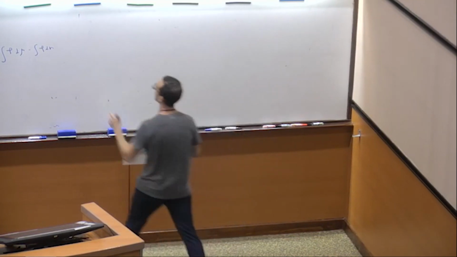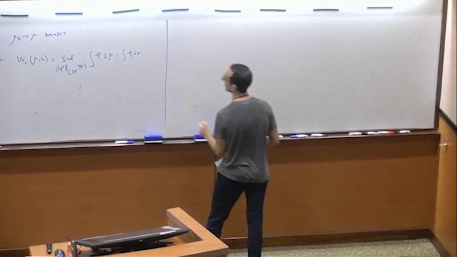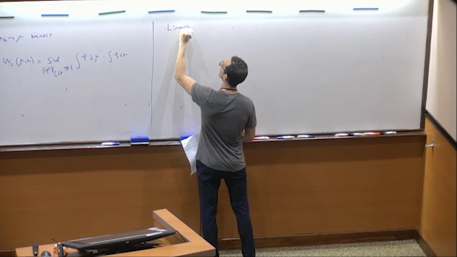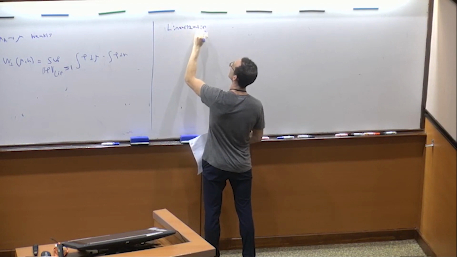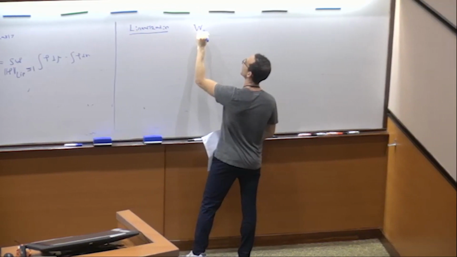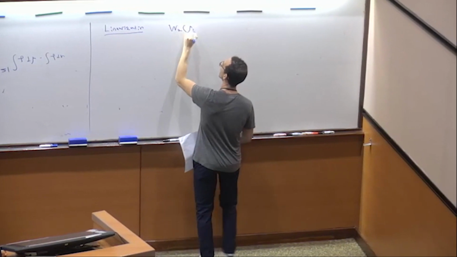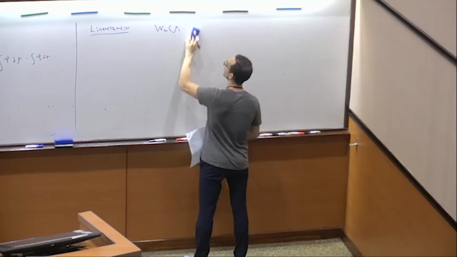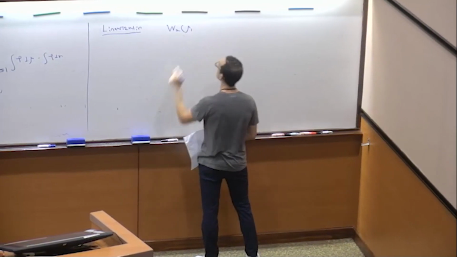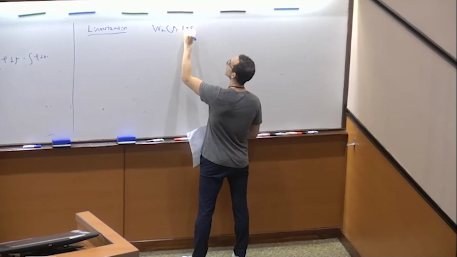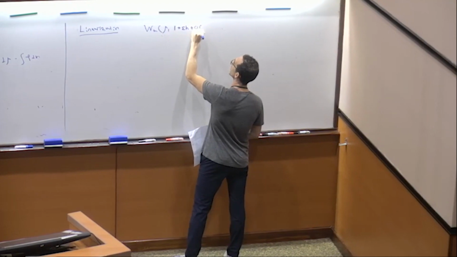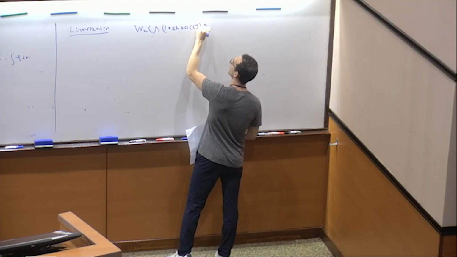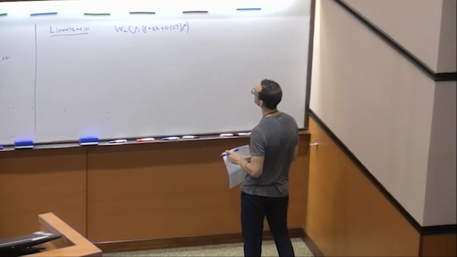Right. So linearization. We're trying to understand what we can say about the distance between mu and a perturbation of mu.